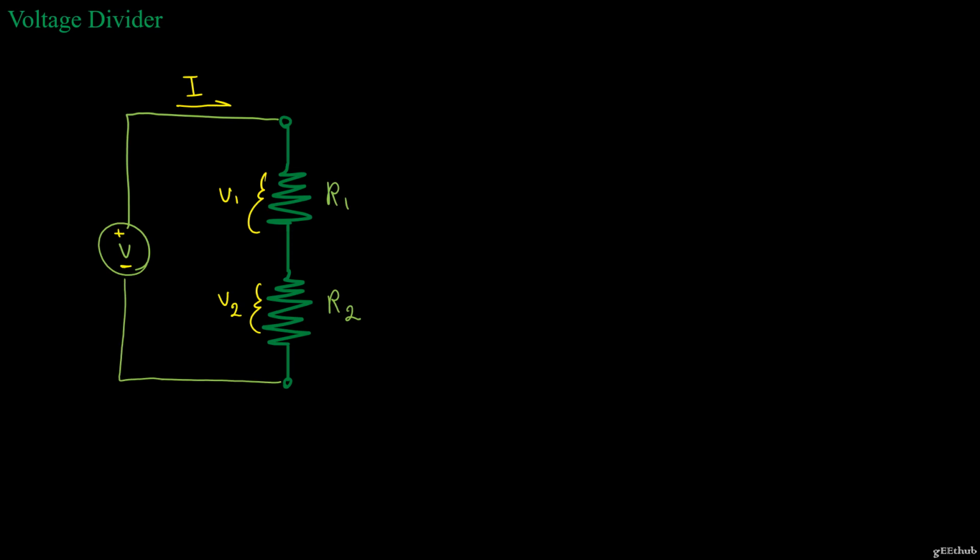So my I here, according to Ohm's law, should be the voltage provided to the circuit divided by its equivalent resistance. And from my resistor section, I know that series resistors simply add together. So I is equal to V over R1 plus R2.